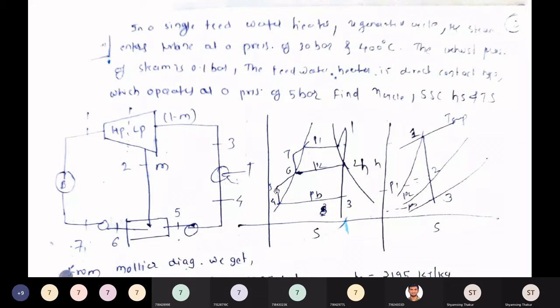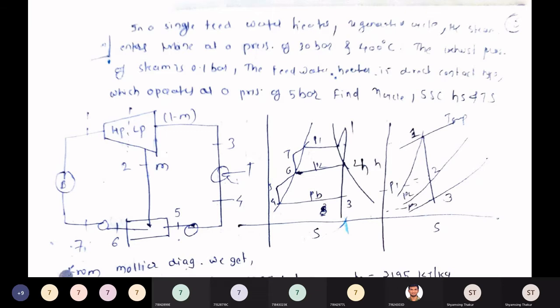Then what is 5 to 6? There is regeneration. That means there is heating at a heat exchanger, that is the feed water heater. So 5 to 6 is the heating. Then 6 to 7 there is again pumping, and then 7 to 1, as you can see, there is constant pressure heating in the boiler.